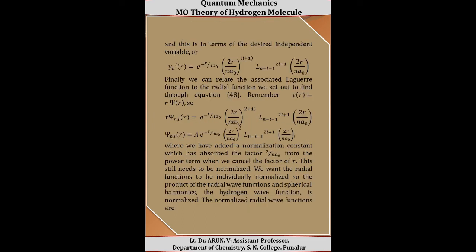And this is in terms of the desired independent variable, that is r. y_nl(r), that is equal to e raised to minus r by n a0 into (2r by n a0) raised to l plus 1 into L_(n minus l minus 1) raised to 2l plus 1 of (2r by n a0).